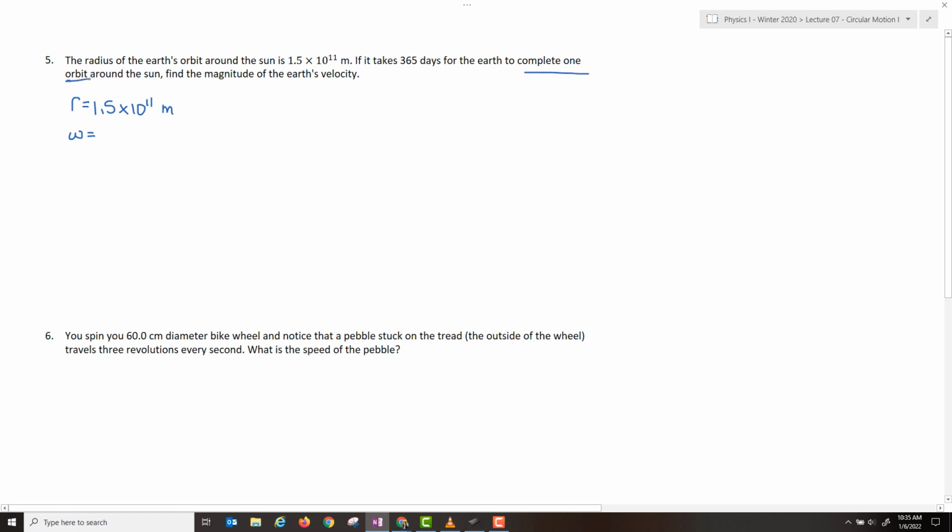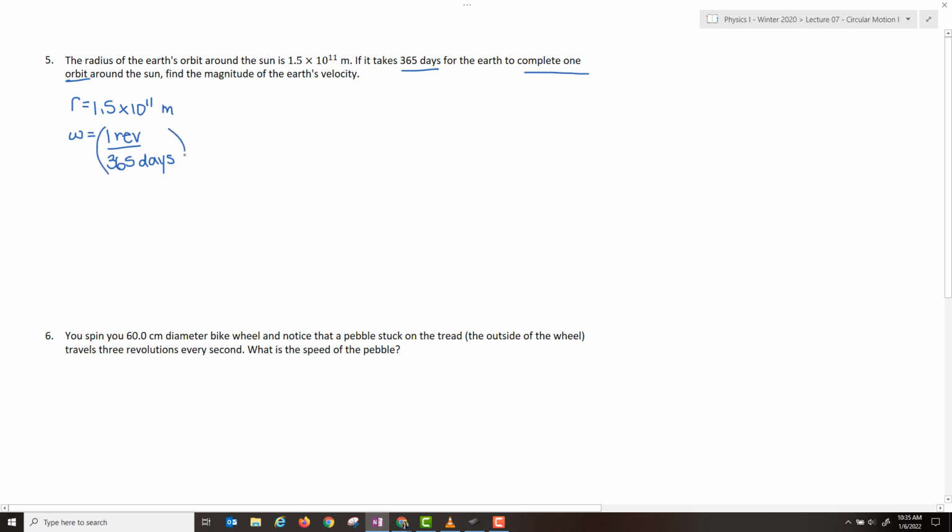So 1 revolution in 365 days. So 1 revolution per 365 days. The units are not correct, but at least they're in the right direction. So we have revolutions per day. We need to change that to radians per second.